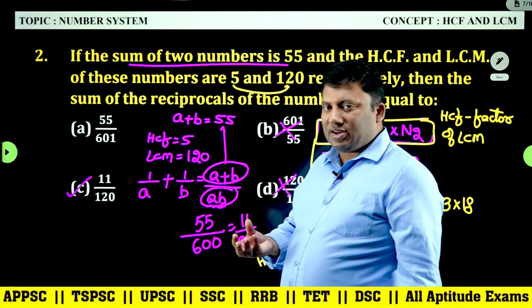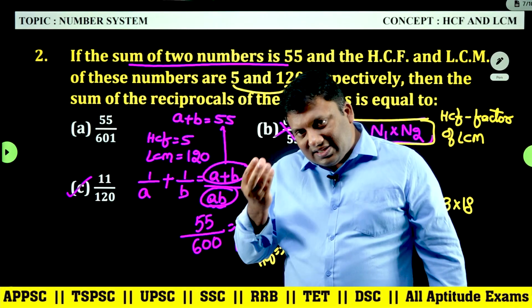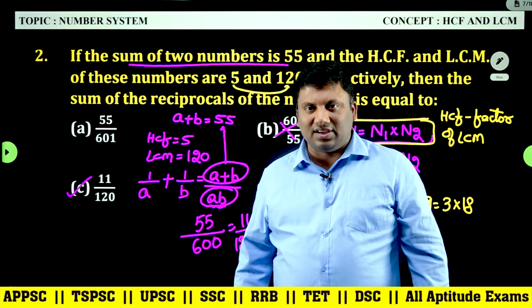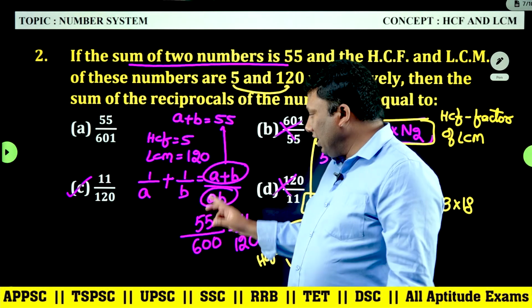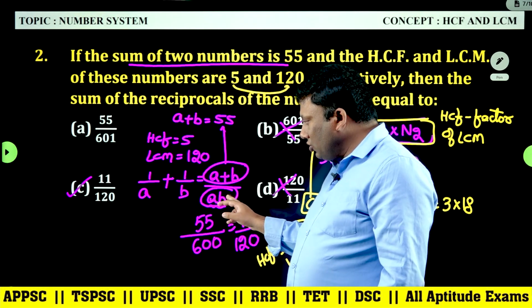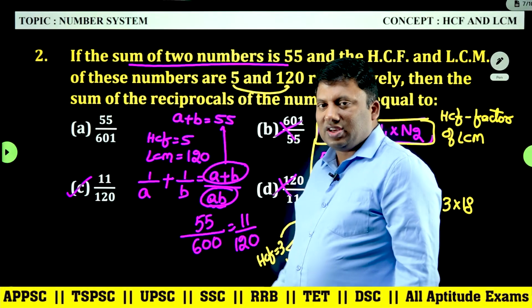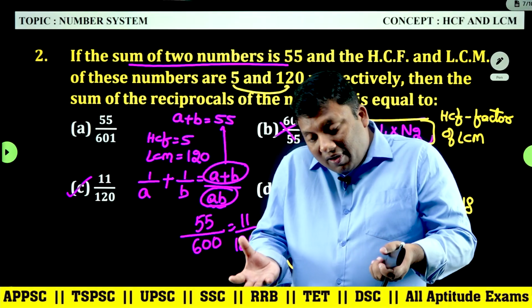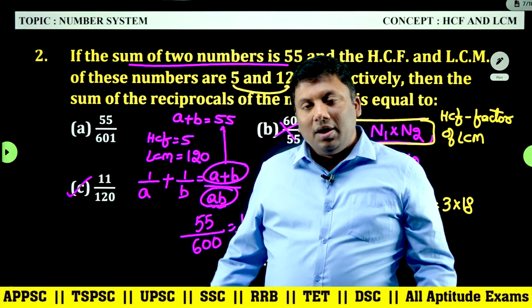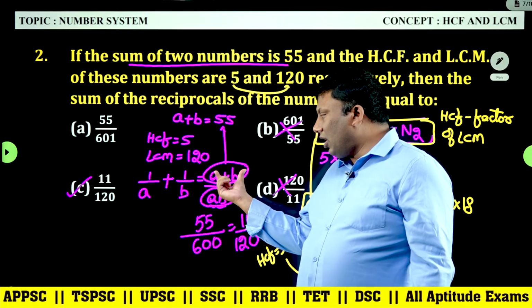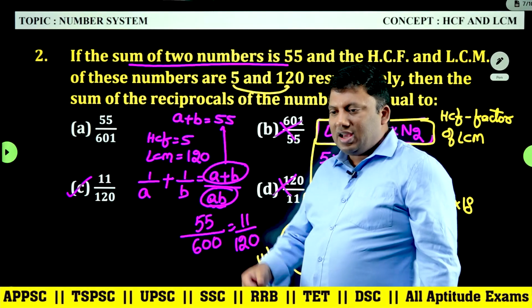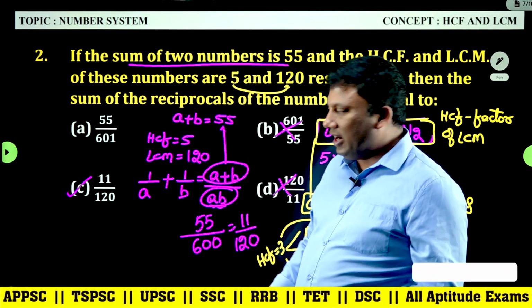The sum of the numbers is always less than the product if A and B are greater than 2. Take 2 plus 3 and 2 into 3: 5 by 6. As the values of A and B increase, the product will increase, so the product is always greater than the sum after certain values.